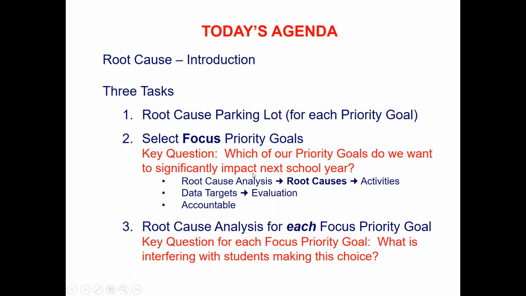And there's a key question: which of our priority goals do we want to significantly impact next school year? And then we want to do a quick root cause analysis for each of your priority goals. So you're going to go in and look at each priority goal and then really look at the data big time and figure out why kids aren't making those choices.